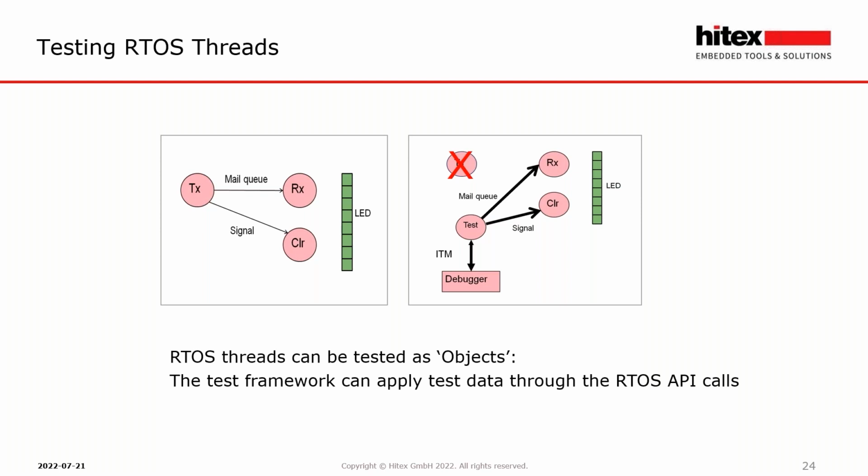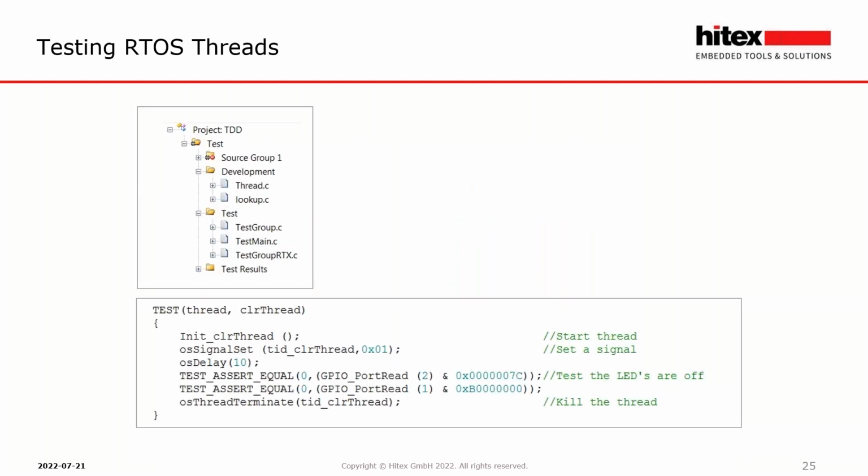So testing at the RTOS level, it really is quite nice because we have these objects with these very well-defined I/O channels that we can then test against. So again, in our test framework, we'd add another test group, and then within our individual testing threads, we can build up some C code to start a thread that we want to test.